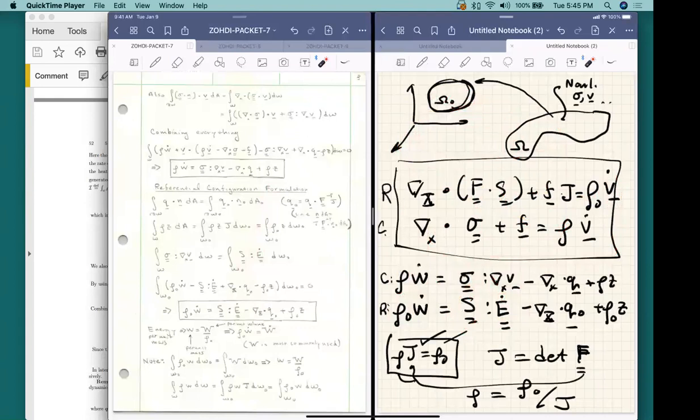Now, the nice thing about this is that we have the heat flow in the system, and the heat flow is slightly different, but there's one key component. It's the gradient with respect to the capital X that is shown here, which we know because we know the original configuration, as opposed to taking the divergence with respect to the current x.